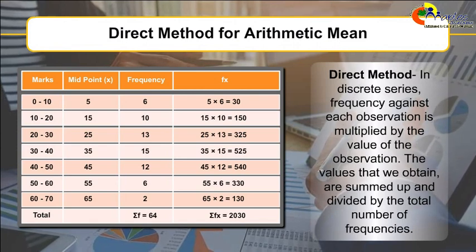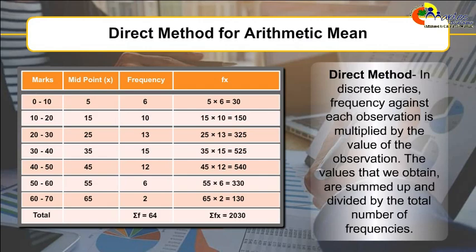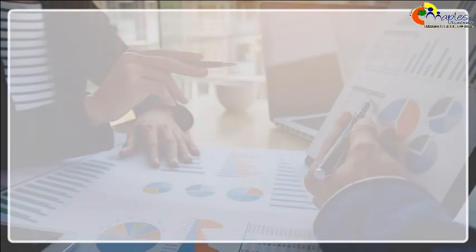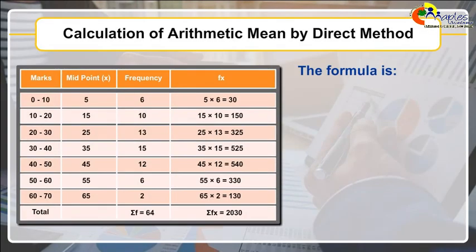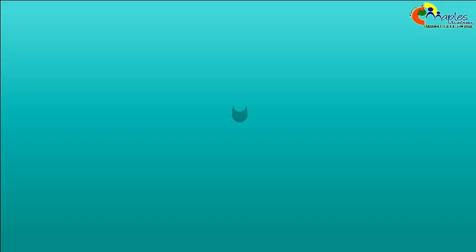The values that we obtain are summed up and divided by the total number of frequencies. The formula is x bar = Σfx/Σf, where Σfx is the sum of the products of variables and frequencies, and Σf is the sum of frequencies.